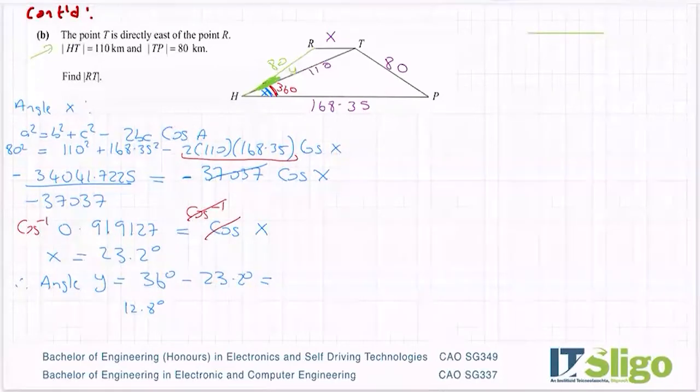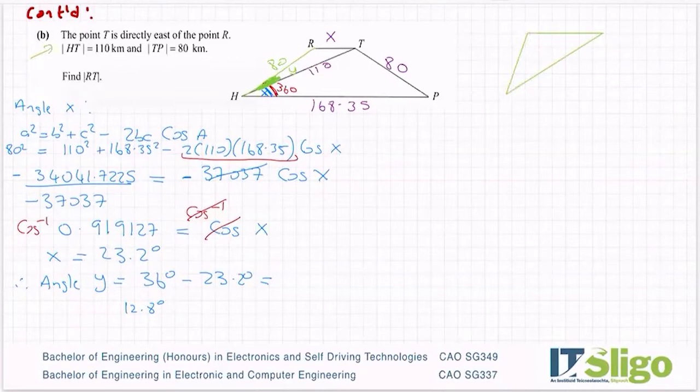So in that little triangle that I'm now going to draw in green up the top, I have a line here, and a line coming down to it here. And I have a dimension of 80, what I need to find, so that's R, T, and H. I have a dimension of 110 and an angle in here of 12.8 degrees. So let me do again the cosine rule.